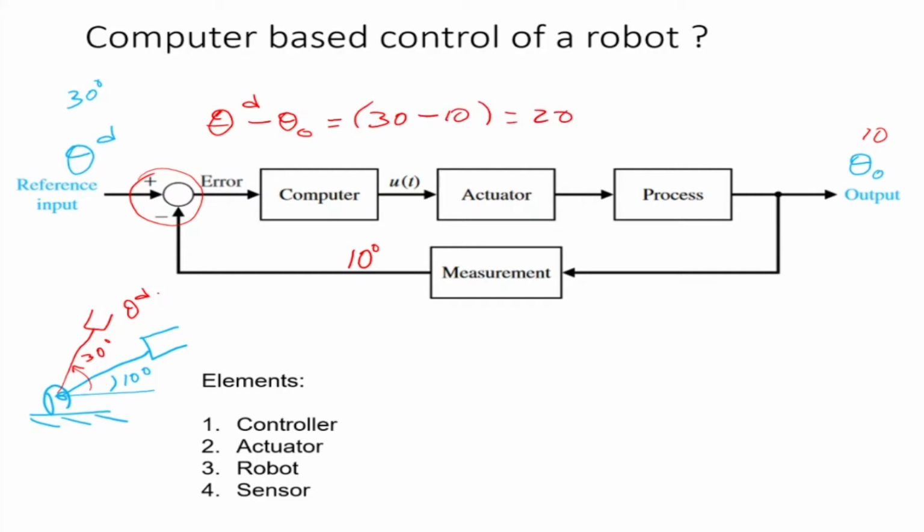So now 20 comes as the error into the computer, and then from the computer it is amplified, and then it is taken to the actuator, which is a motor here, and there is a process which is my robot link here.